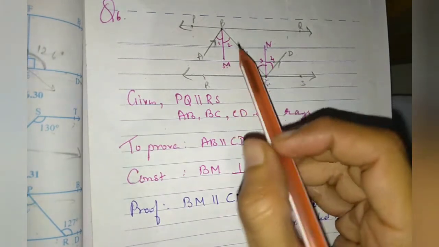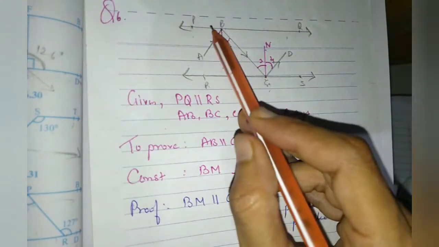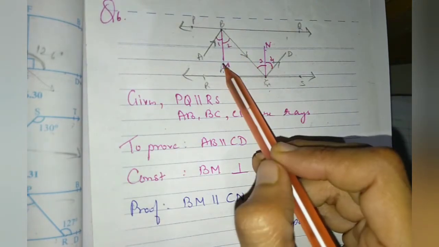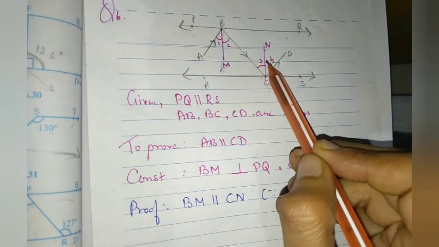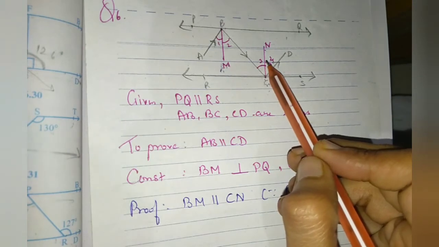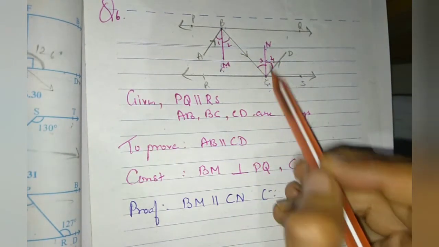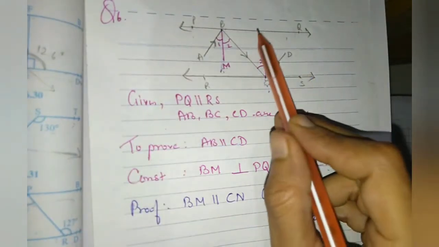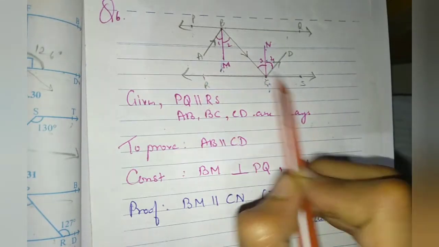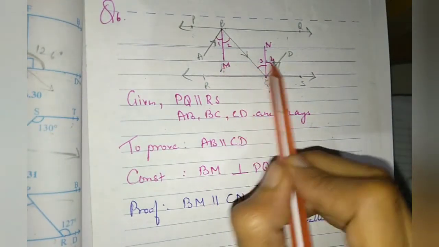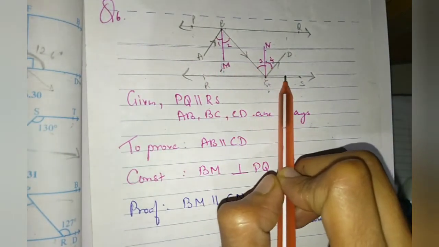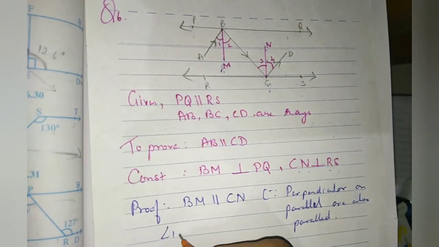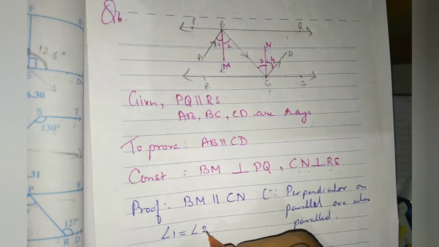If you draw a perpendicular line to a parallel line, then that perpendicular is parallel to another perpendicular line. So BM is parallel to CN. You can draw any perpendicular from the parallel lines PQ and RS, and they are both parallel too. Now what we have to write is that angle 1 is equal to angle 2.